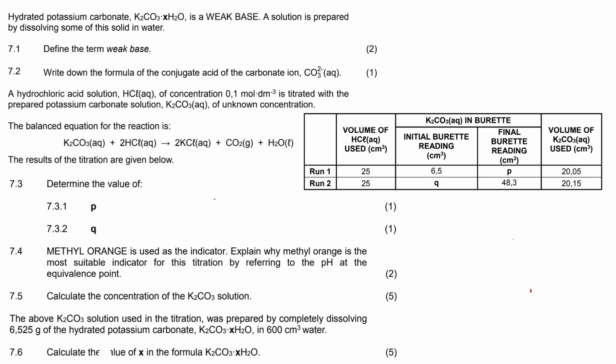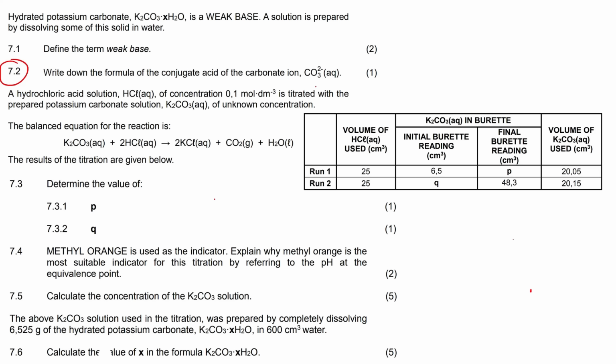Okay, moving on to 7.2. Write down the formula of the conjugate acid of the carbonate ion. Okay, so we know that the only difference between a conjugate acid and its base, or a conjugate base and its acid, if you've watched my videos on conjugates, is the hydrogen ion that gets moved from the one to the other.